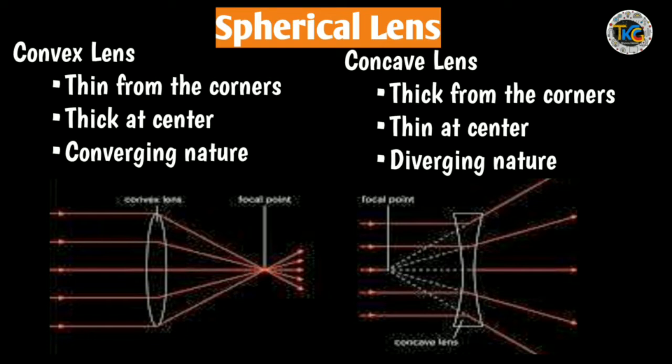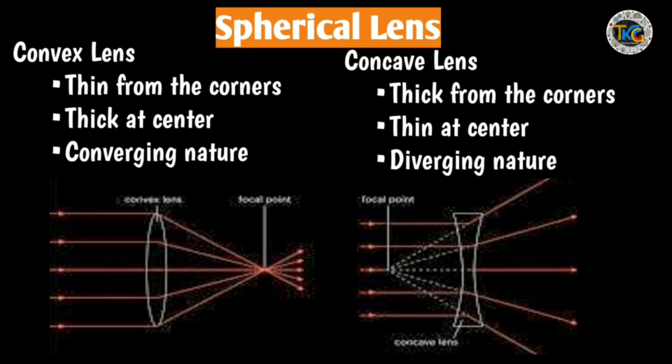So at first we have to learn convex lens. What is a convex lens? A convex lens is thick at the middle portion and thin at the corner portion. This type of lens is called a convex lens, and it has a converging nature. And what is converging nature? Just see the figure.